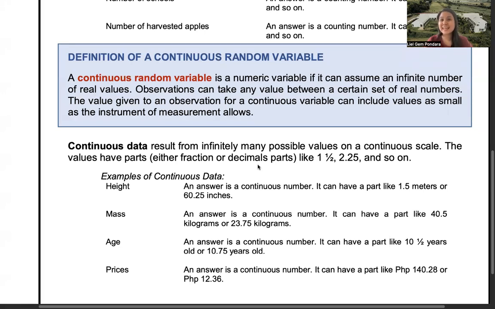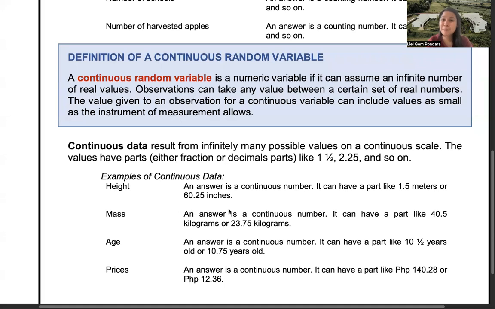My technique is I ask my class, can it have one half? If the answer is yes, it's continuous. If the answer is no, it's discrete. Example, mass. Can it have one half? Yes. So it's continuous. Number of students. Can it take a one half value? No. So it's discrete. What are some examples?